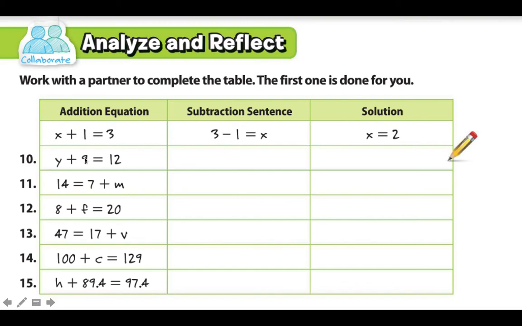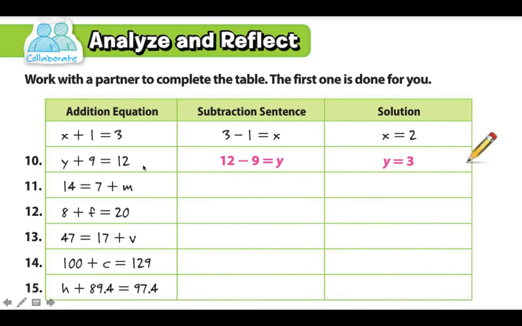Try number 10 on your own. We're going to check out how to do number 10 and make sure you understand. And then you'll do 11, 12, 13, 14, and 15, and you'll turn those into me. So, if you did number 10 like you were supposed to, we would have started out with y plus 9 equals 12.